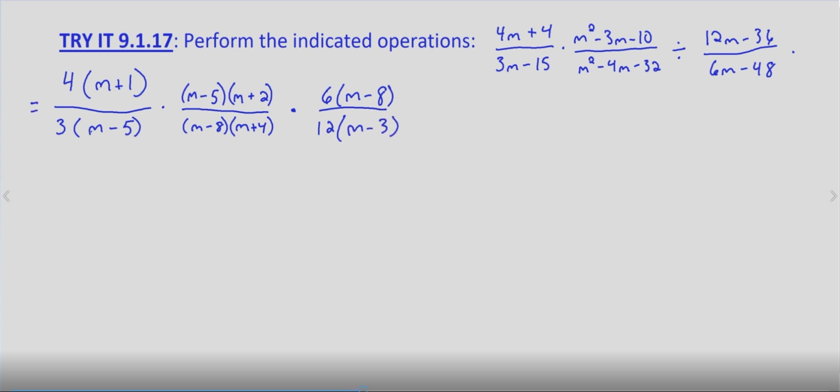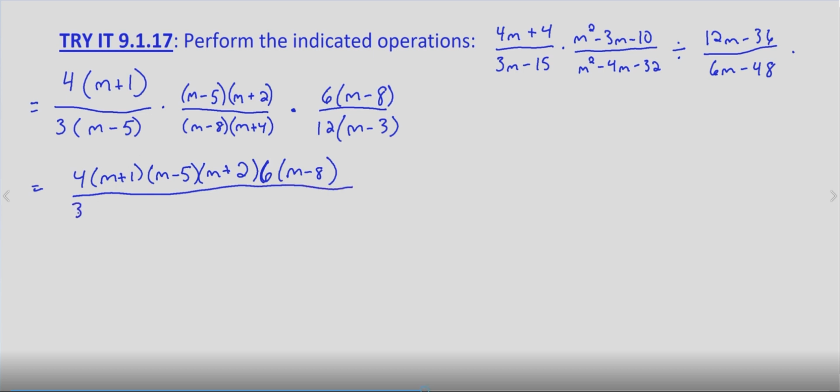So now we multiply across the top, multiply across the bottom. So 4 times m plus 1 times m minus 5 times m plus 2 times 6 times m minus 8 over 3 times m minus 5 times m minus 8 times m plus 4 times 12 times m minus 3.